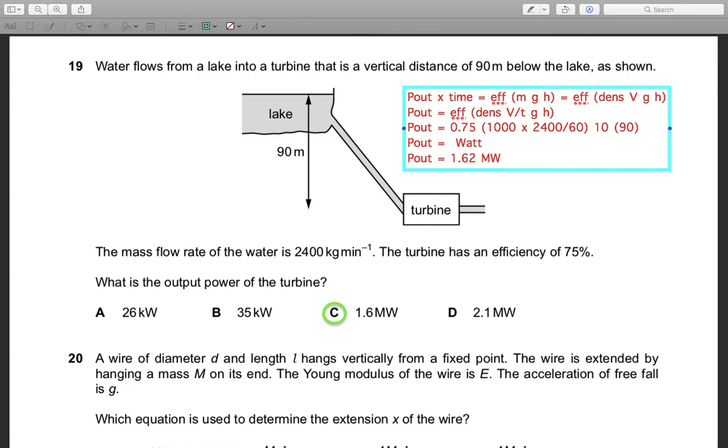No, this is not the correct answer, because this is in minutes.